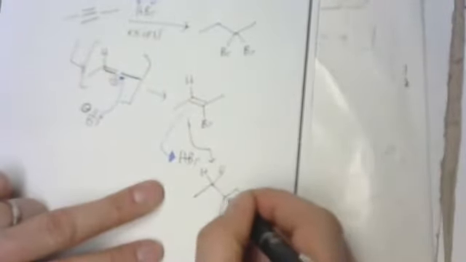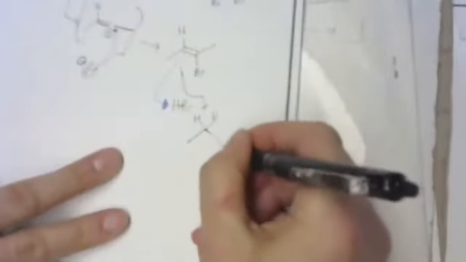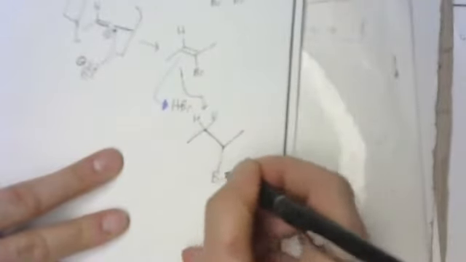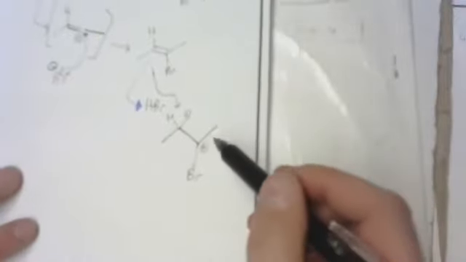Okay, so this is what I think is the, let's draw it larger even. Okay, it's this, right? So this is the intermediate, and we're going to see it gives us this product. But why does it do this? And why doesn't it put the plus charge on the other side?